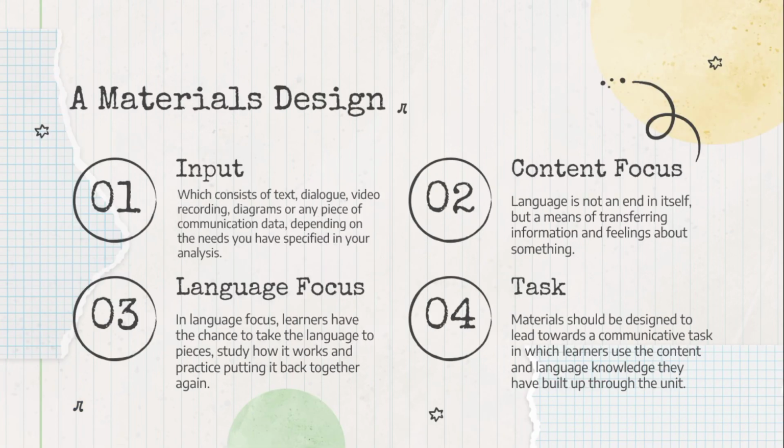Okay, now we're going to talk about the material design sample. As the unit title indicates, language is approached through an area of content. The topic represents a common theme from a technical discourse describing the circulatory system, although in this case presented from an unusual point of view. The starter plays a number of important roles.